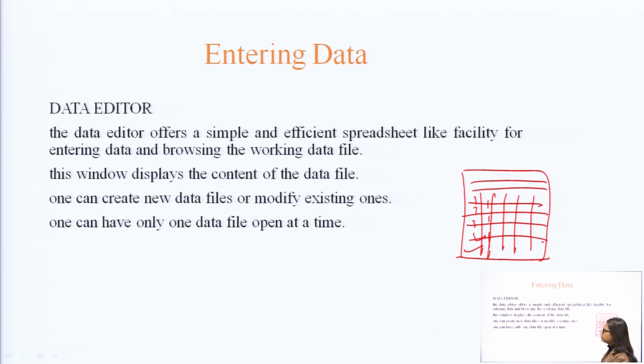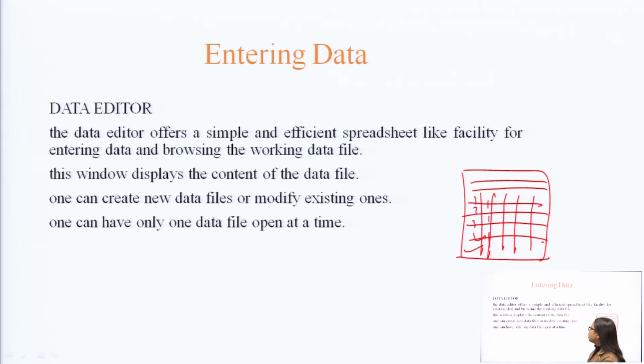This window displays the content of the data file. One can create new data files or modify existing ones. One can have only one data file open at a time.